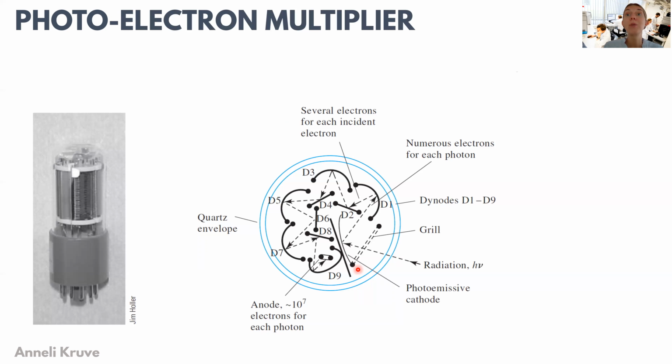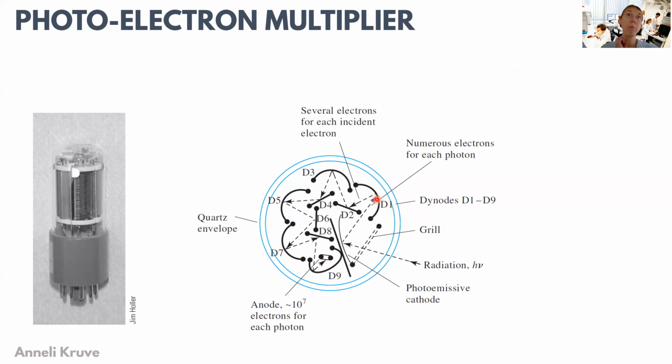The radiation comes in from here, and it again hits a photo-emitting cathode, a cathode covered with a photosensitive material. From here, electrons are ejected as a result of the collision with the photon, and these electrons are guided to Diode 1, which is actually an anode.